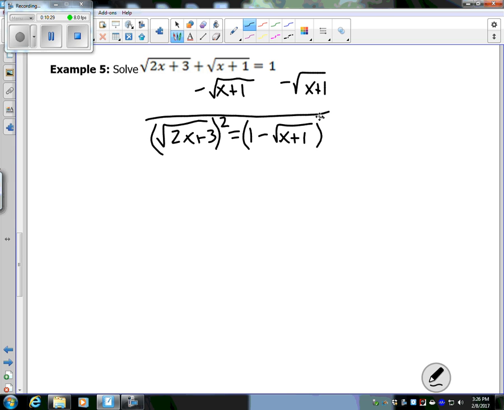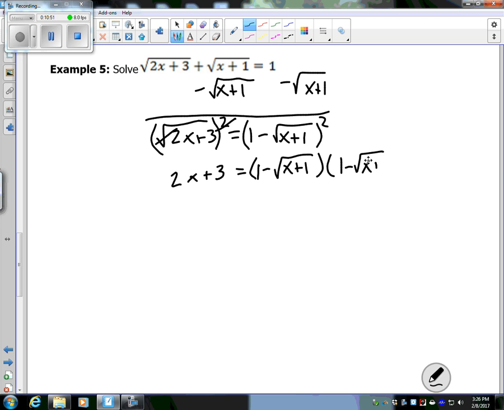So we have on the left side, it's nice, 2x plus 3. And that's going to equal, it's a binomial, two terms squared, so that's 1 minus the square root of x plus 1 times 1 minus the square root of x plus 1.